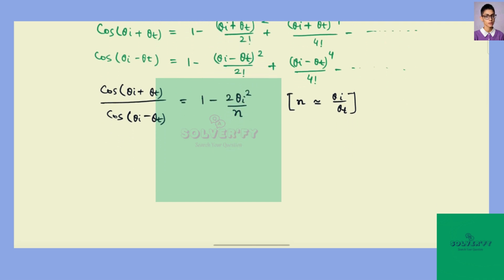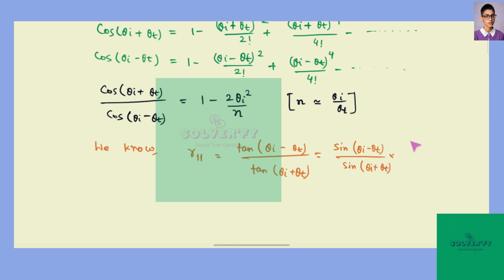Okay, so now we can use the formula for R parallel. As we know, R parallel is equal to tan of (theta I minus theta t) by tan of (theta I plus theta t), which we can write as sine of (theta I minus theta t) by sine of (theta I plus theta t) into cos of (theta I plus theta t) by cos of (theta I minus theta t).